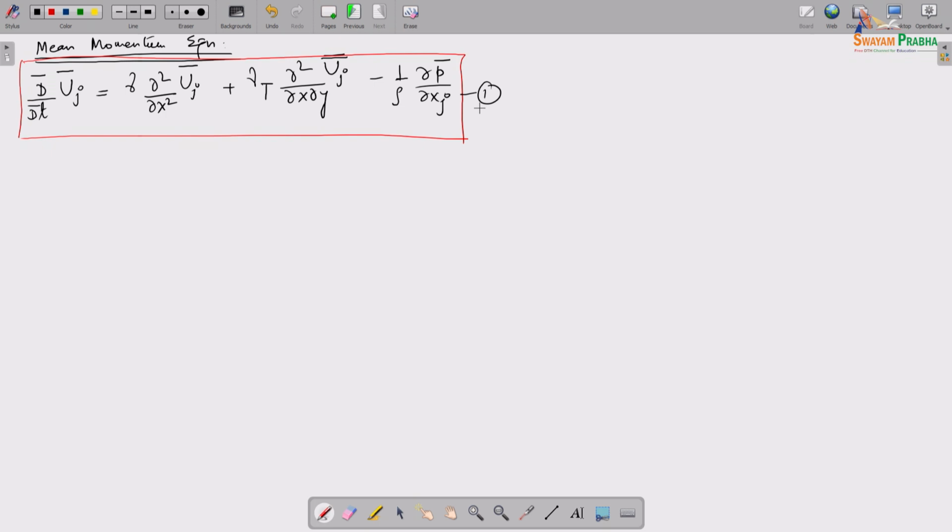Let's do that. So first things first, I'm going to draw up a grid. Okay, this is a representative grid.